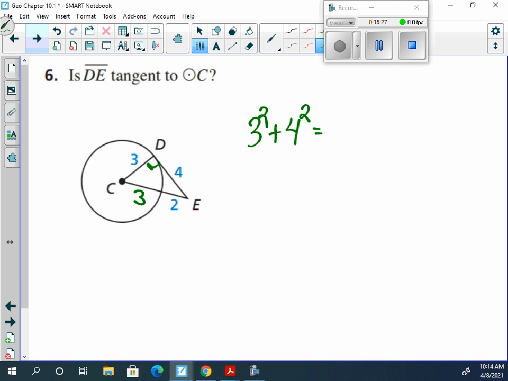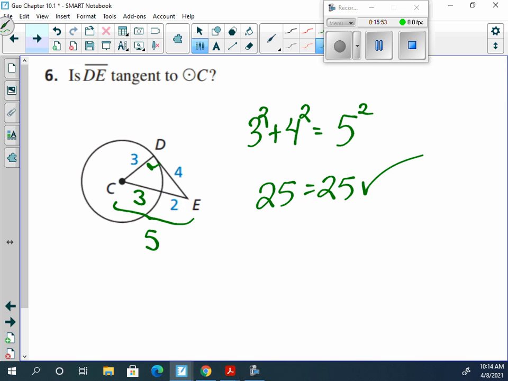So any radius should be 3, which means CE is 5. 3, 4, 5 is one of the Pythagorean triples.